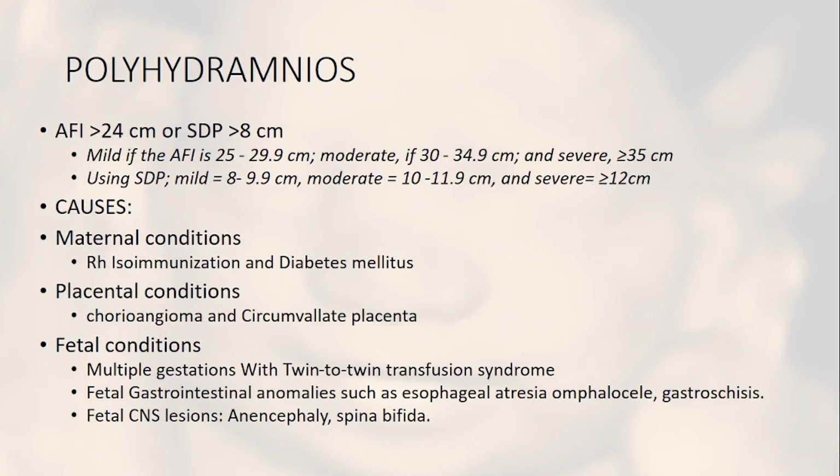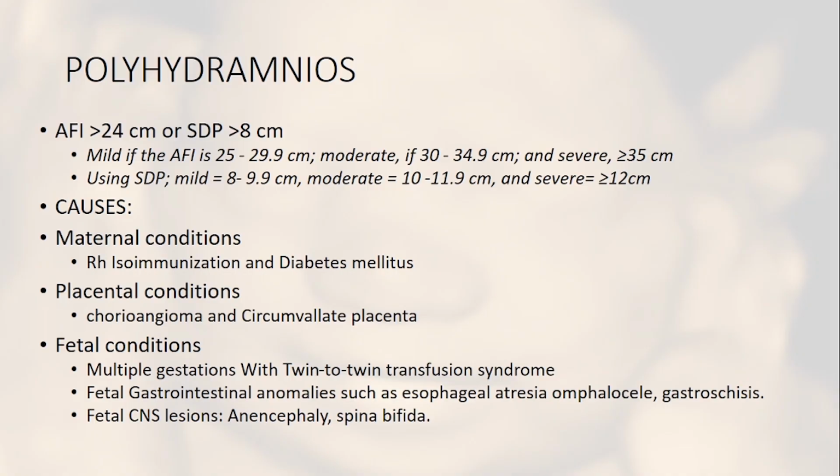Then we have polyhydramnios, that is when the amniotic fluid index is more than 24 to 25 centimeters and the single deepest pocket is more than 8 centimeters. It could be mild, moderate, or severe, as shown on this slide. The causes are maternal conditions: rhesus immunization, diabetes mellitus. I think this is very important for us to know.